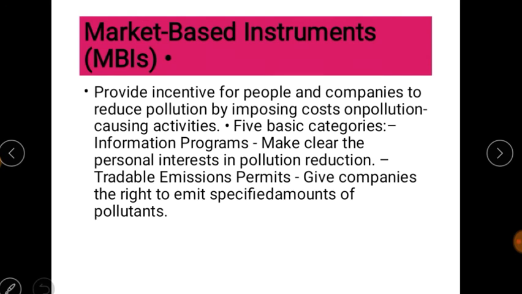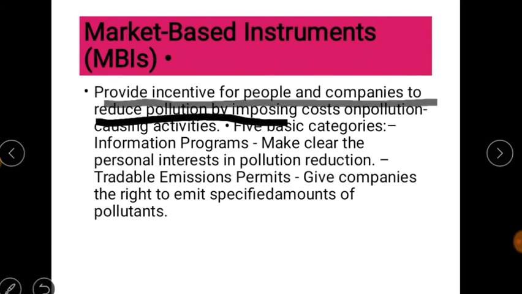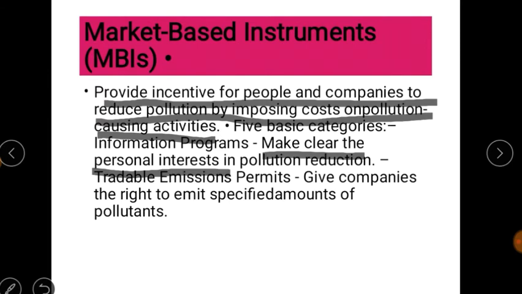Then market based instruments. What do they do? They provide incentives for people and companies to reduce pollution by imposing costs on pollution causing activities. There are basic categories. First, make clear the personal interest in pollution reduction: tradable emissions permits give companies the right to emit specified amounts of pollutants.